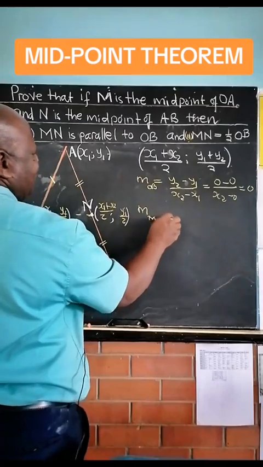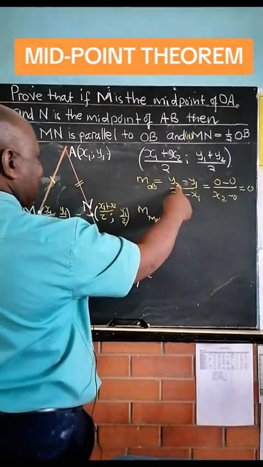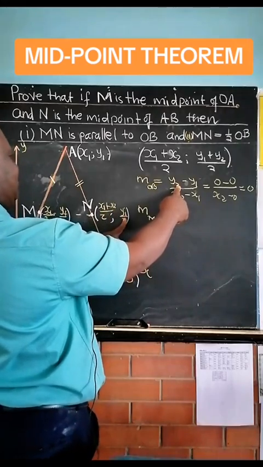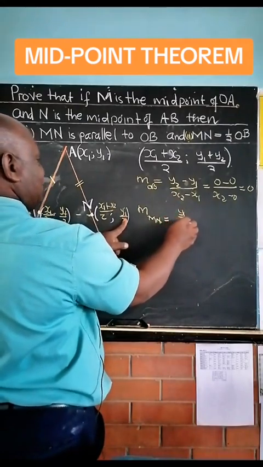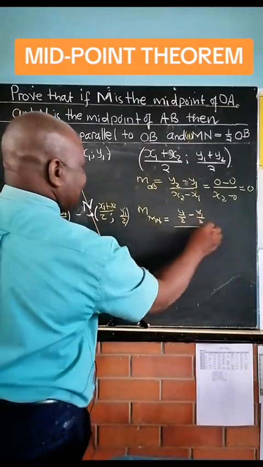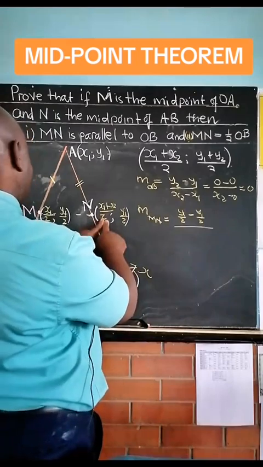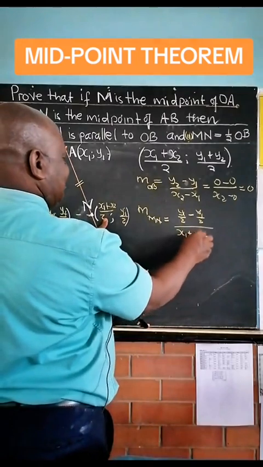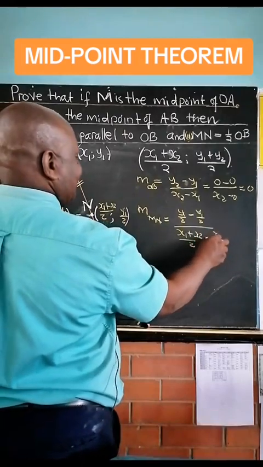Similarly, let us find the gradient of MN. The gradient of MN shall be dealt with using the same formula. y2 is going to be this y value here, y1 over 2, subtract y1 over 2, divided by the x values, which will be x1 plus x2 over 2, subtract this one, which is x1 over 2.